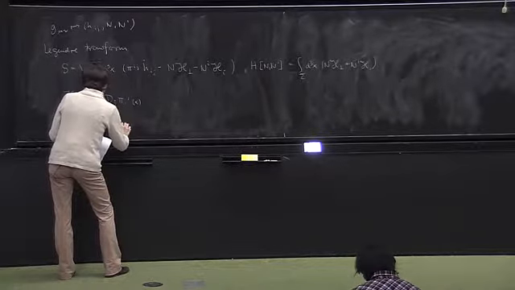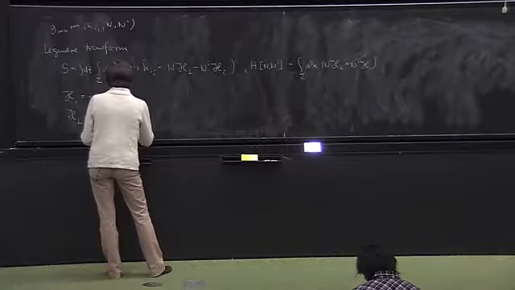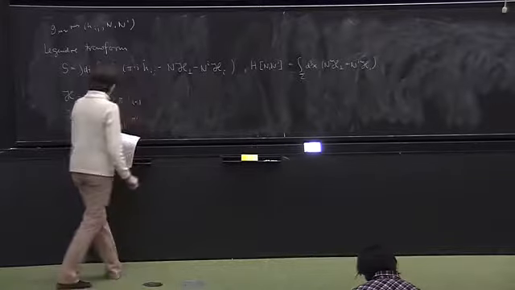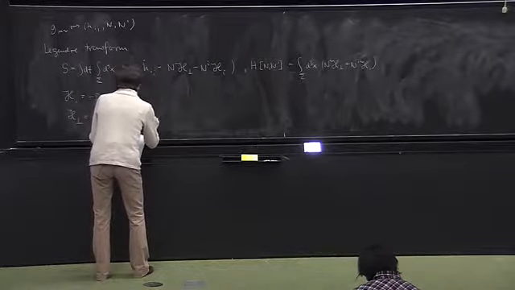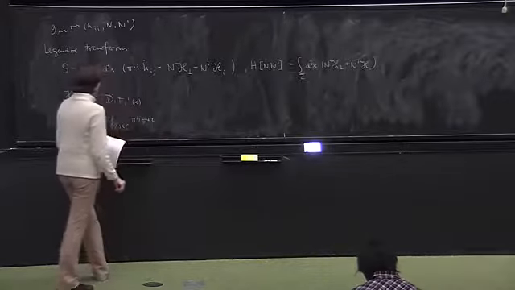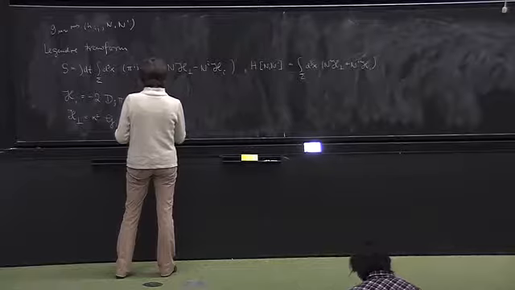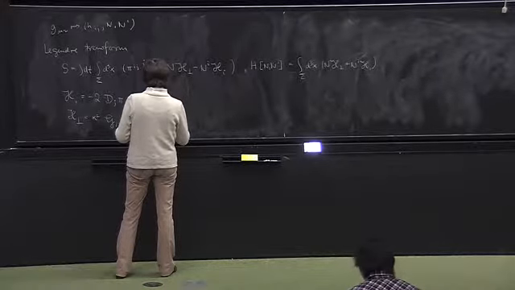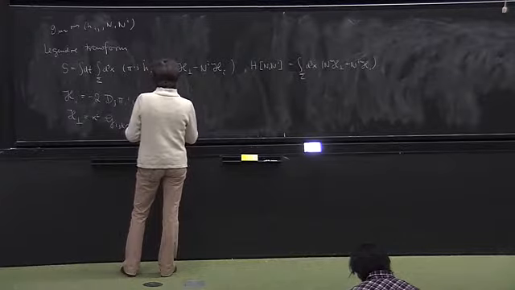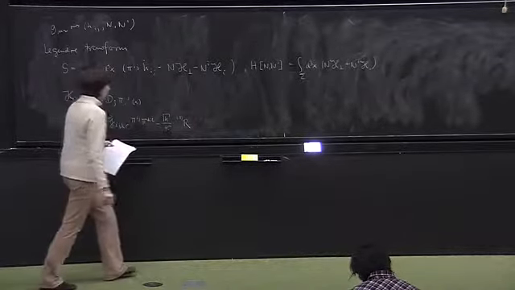G_ijkl is a metric on superspace. Superspace is the space of all three-dimensional metrics. It appears as G_ijkl pi^ij pi^kl minus square root h divided by kappa squared times the three-dimensional R.